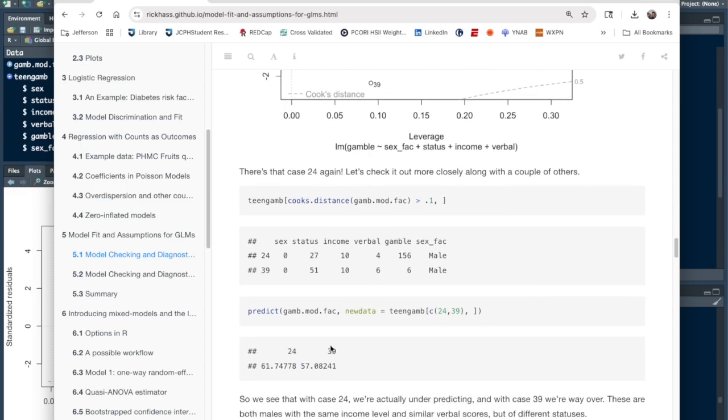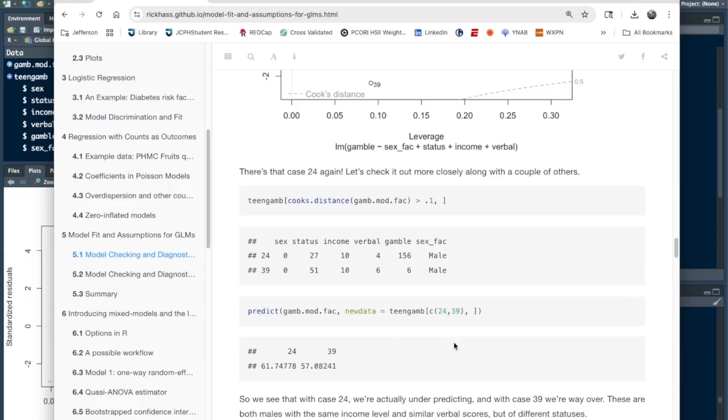So of the 2 leverage points, 24, our prediction is too low, and 39, our prediction is too high. This person, high status, lot of income, it's male, but they only spent $6. This person's low status, high income, really high gambling expenditures. Okay?